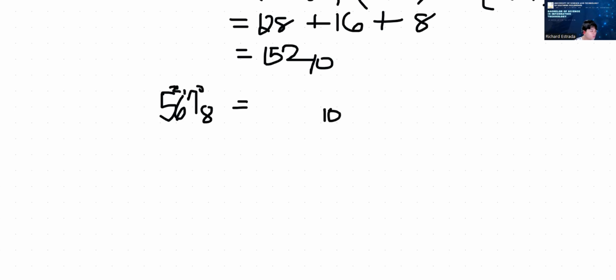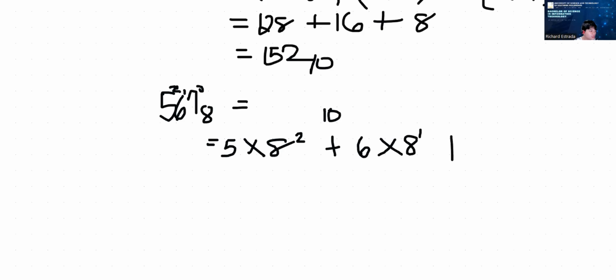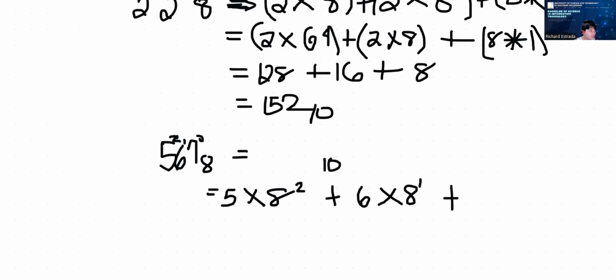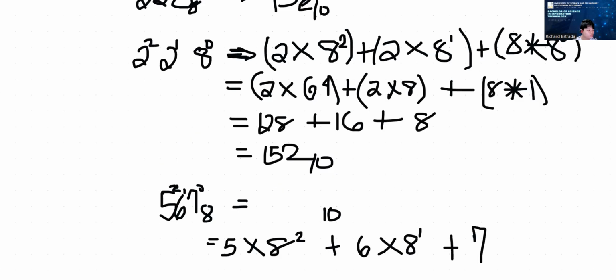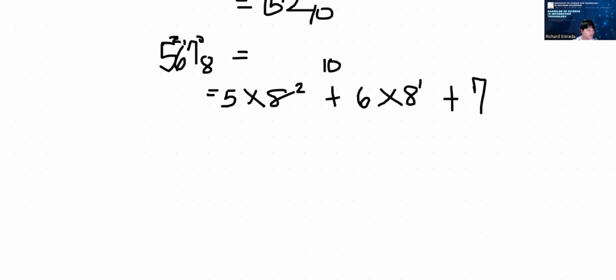That is equal to 5 times 8 to the 2, plus the digit 6 times 8 to the 1, plus 7 times 8 to the 0, or 7 times 1, which is 7. Because 8 to the 0 is 1, so 1 times 7 is 7.